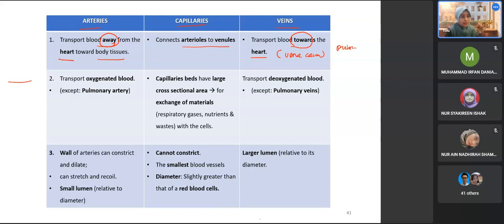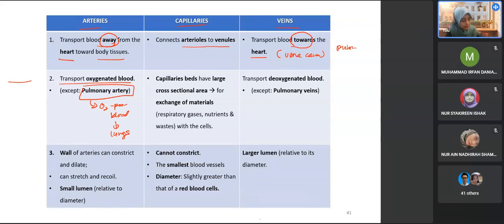Okay, for the artery, most of it, the function of artery is to carry oxygenated blood from the heart to the systemic circuit through all these arteries, except for pulmonary artery. It carries oxygen-poor blood to the lungs in the pulmonary circuit.